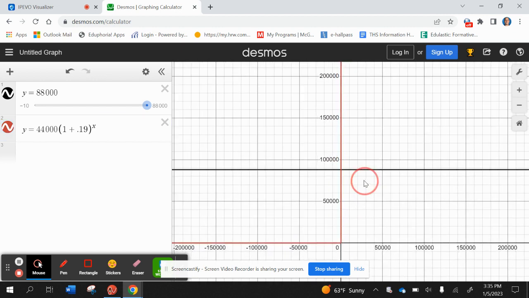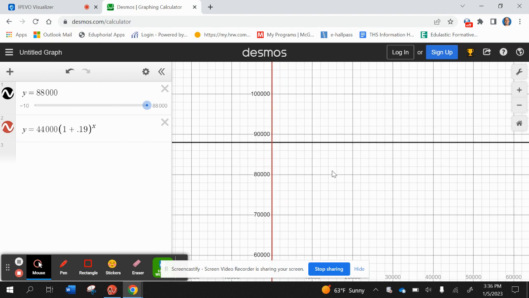Now we need to zoom in and make sure that we have the point of intersection. It looks like we have 3.9 years, which would round to 4.